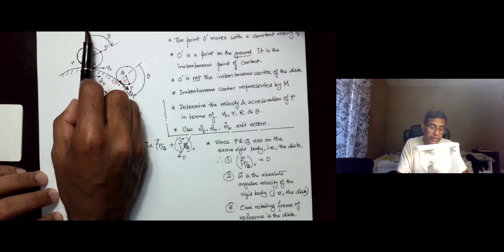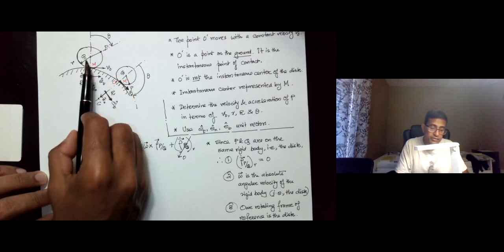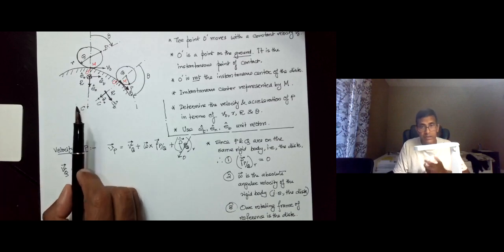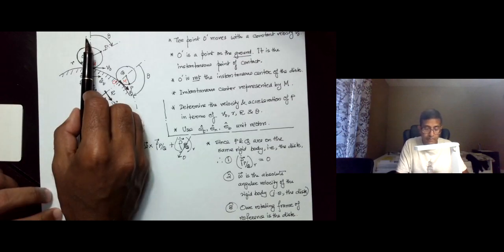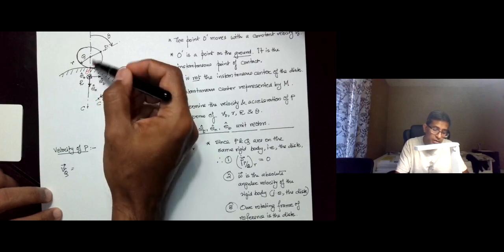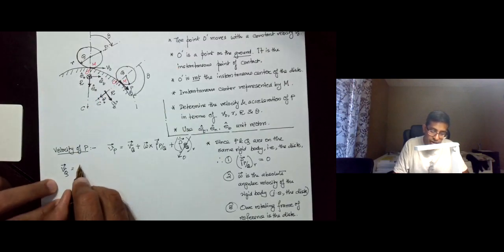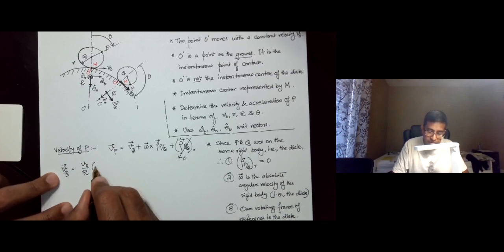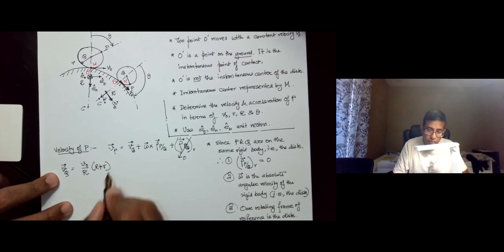Well, then the velocity of the point Q is V0 divided by capital R, which is the angular velocity of this line, times this whole distance, which is capital R plus small r. So essentially the velocity of Q is V0 divided by capital R times capital R plus small r.